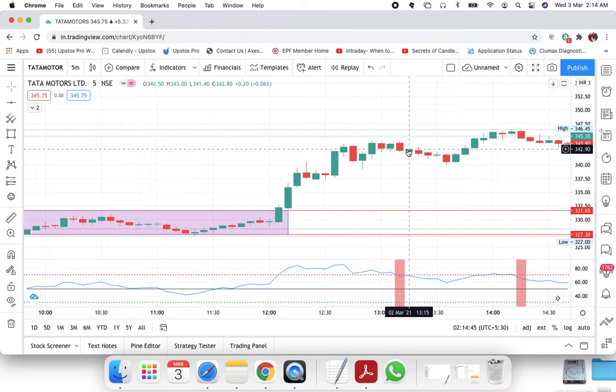Once again, I wanted to summarize the basics of candlesticks. Green represents that buyers are active at that particular point of time, and red represents that sellers are active at that particular point of time.